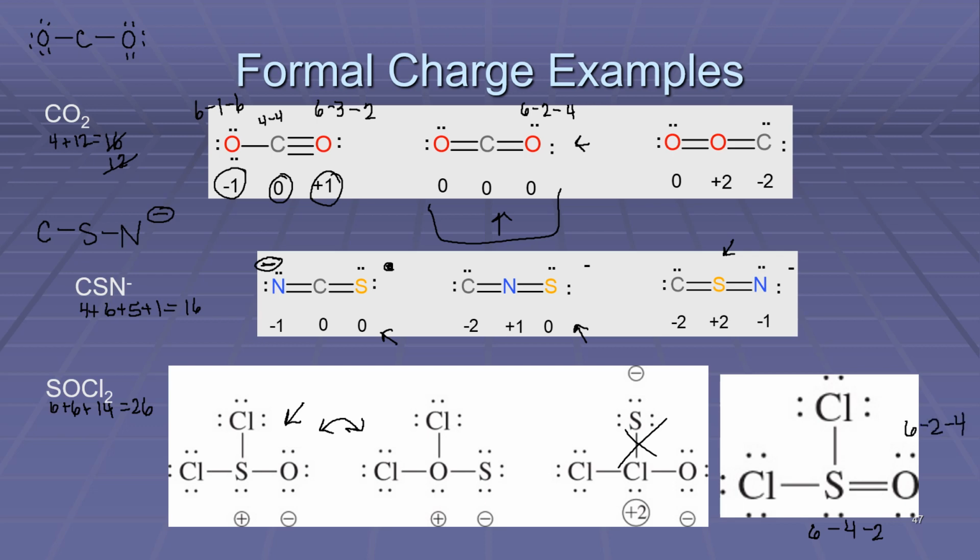So in fact, this is probably the most likely structure for this molecule, because of the formal charges. Now, I will say that if you had drawn this structure with the formal charges, I would count that right. If you were to look it up, and this was when we were in COVID, and I knew people were looking things up because they would give me this structure, and I wasn't teaching formal charges then.